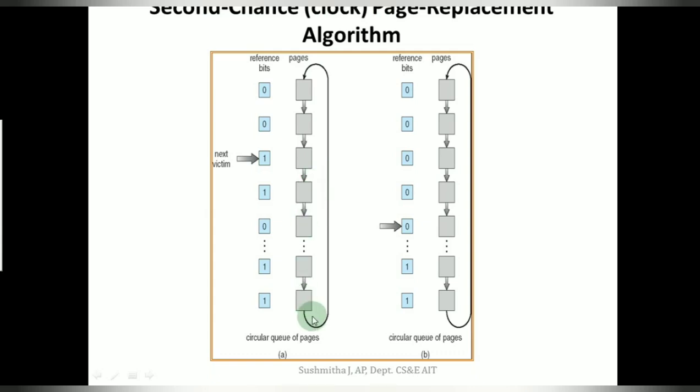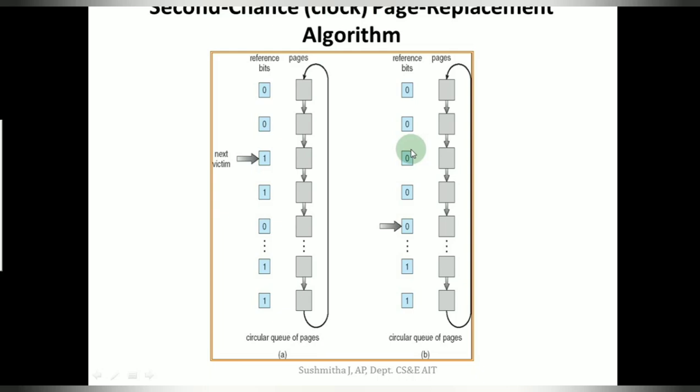Then when the operating system comes back a second time, if the page still remains 0, it indicates that after the value was cleared the page was not referenced, and it is eligible to be replaced.